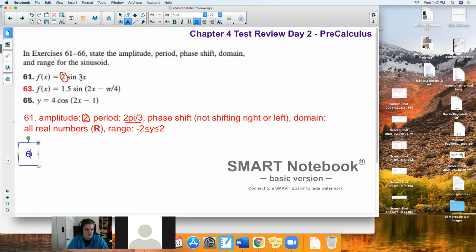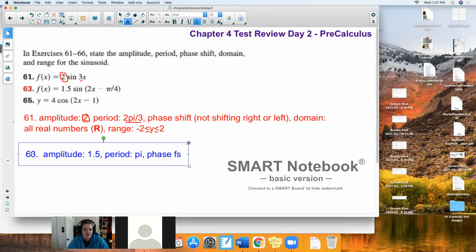And then the next one is number 62. So our amplitude is going to be 1.5. And then our period is, oh God, lots of things happening. 2 pi over 2, so pi. The phase shift, that's what's happening with this minus pi over 4.